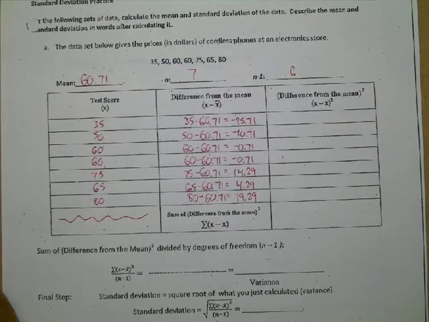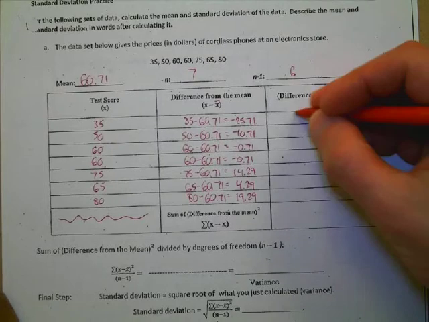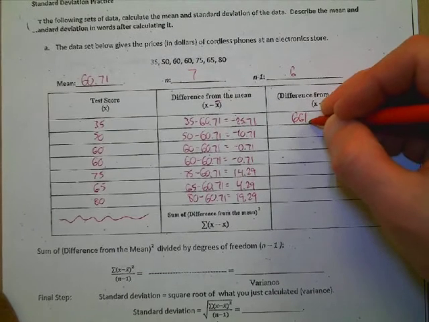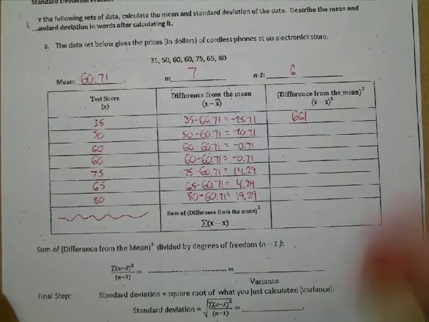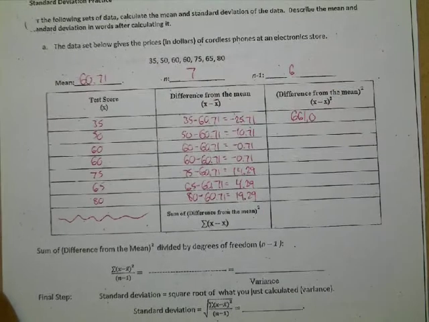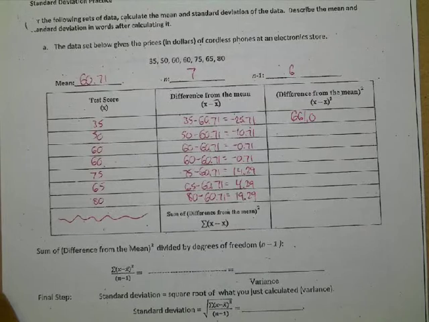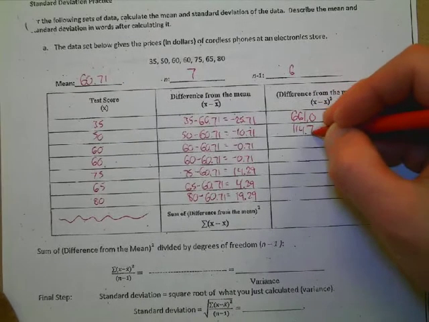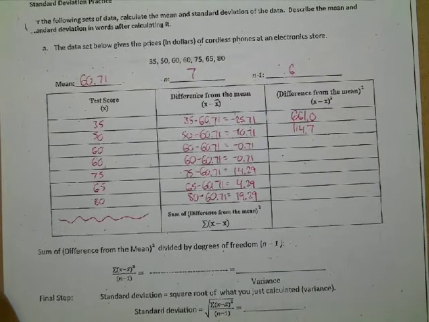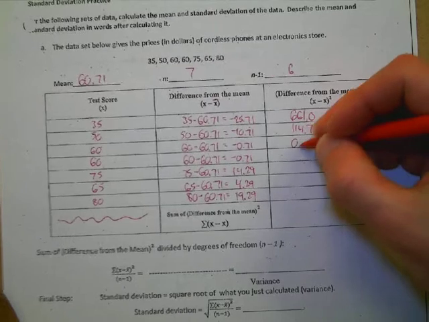Okay, so you should get positive 661 here. Yeah, with rounding. And 114.7, 0.50.